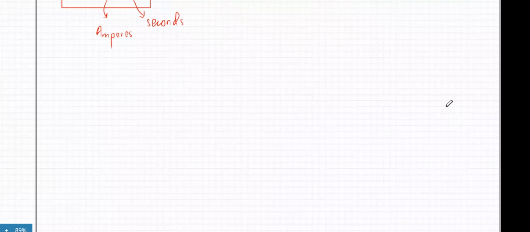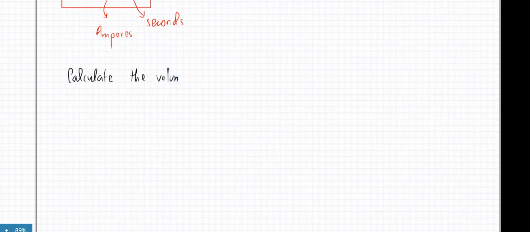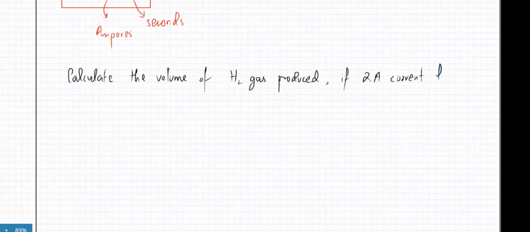For example, you might be asked, calculate the volume of H2 gas that's being produced if a 2 ampere current flows for 30 minutes through H2SO4 to electrolyze H2SO4.